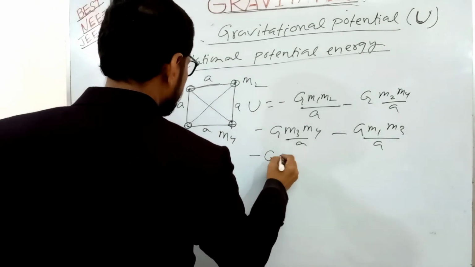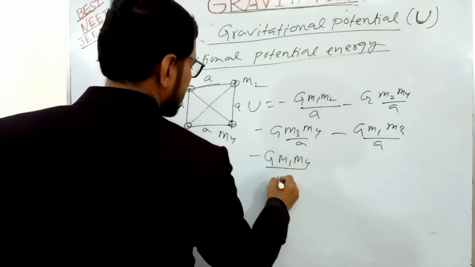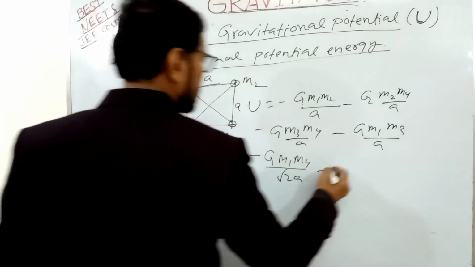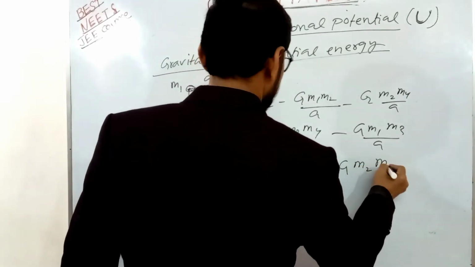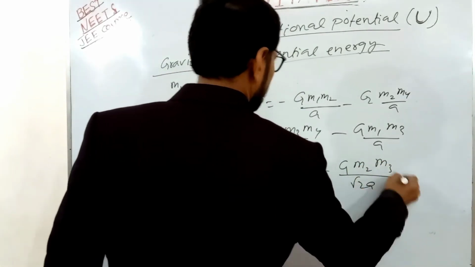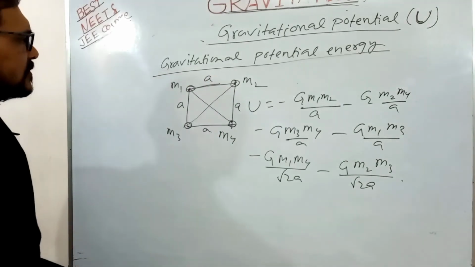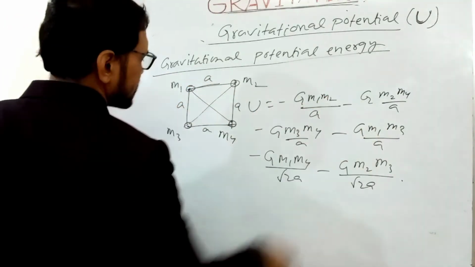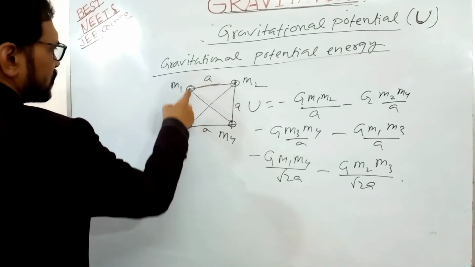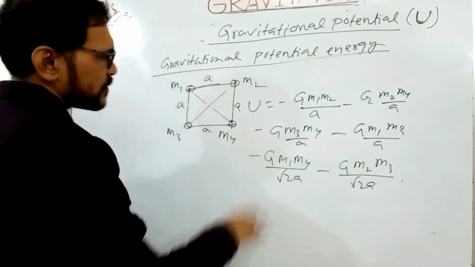So the result includes minus G m1 m4 by the distance root 2 A. So this is the gravitational potential energy of the four mass system. Here there are 6 pairs in total.